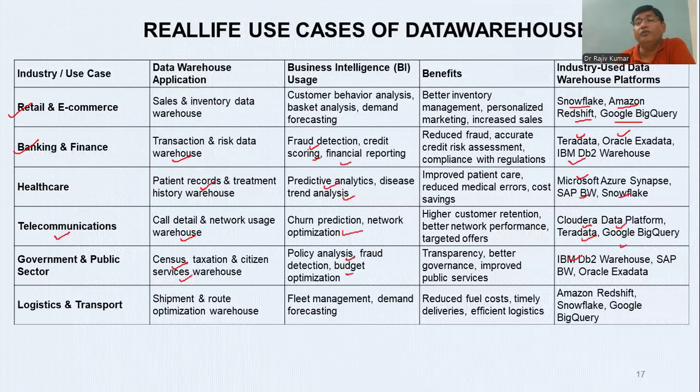IBM DB2 Warehouse, SAP BW, Oracle Exadata. Logistics and transport: shipment and route optimization, fleet management, demand forecasting, reduced fuel cost, timely delivery, efficient logistics. Amazon Redshift, Snowflake, Google BigQuery are using data warehousing to implement all these applications.